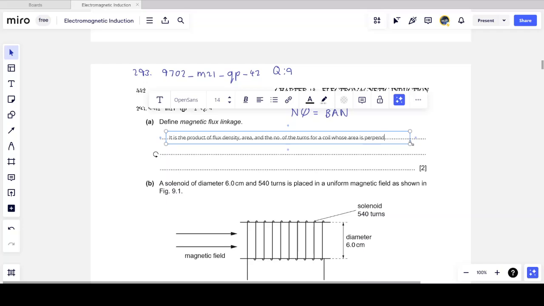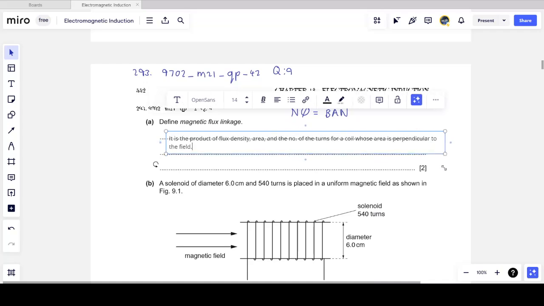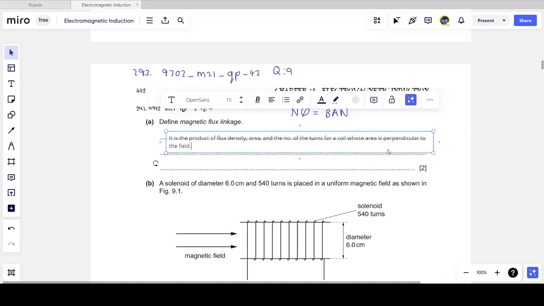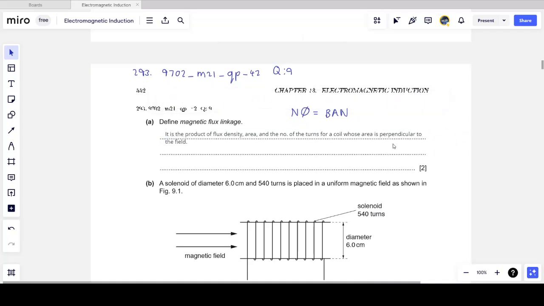Again, we've ignored the sine theta there because we assume that the area is perpendicular to the field lines. So it's the product of the flux density, area and the number of turns for a coil whose area is perpendicular to the field. And that is your definition of magnetic flux linkage.